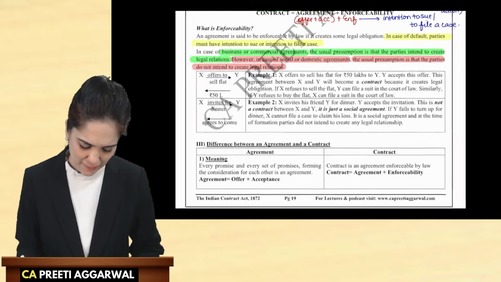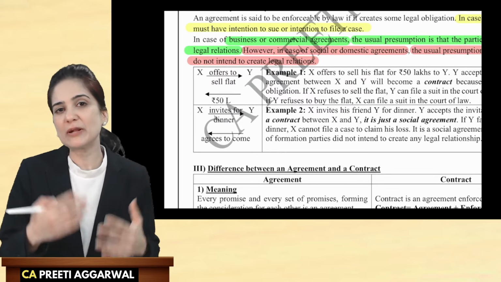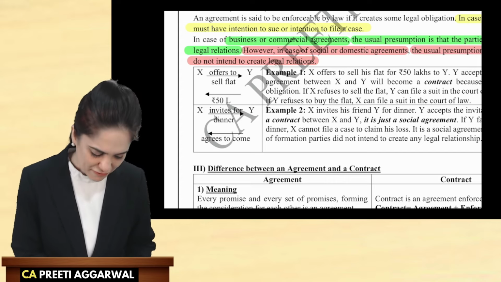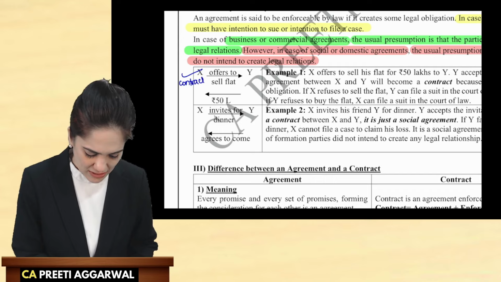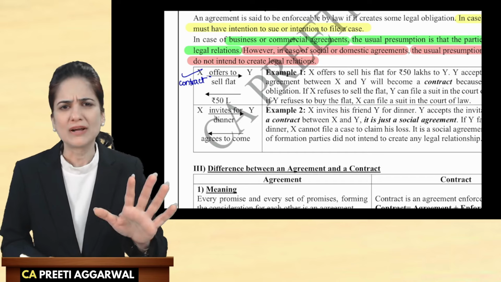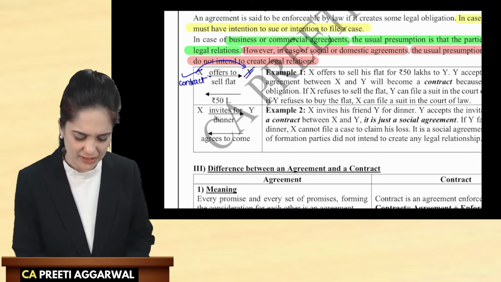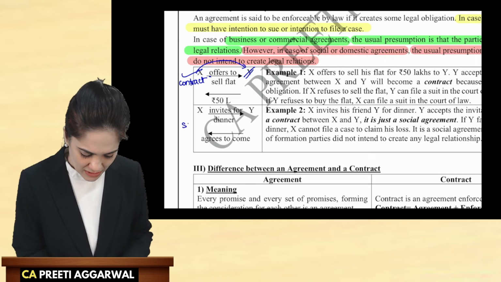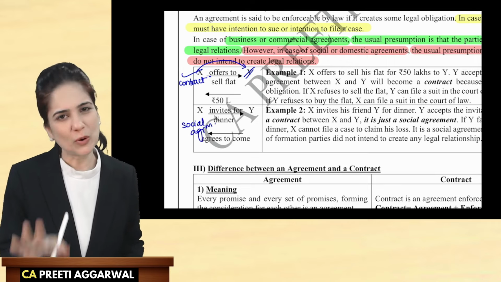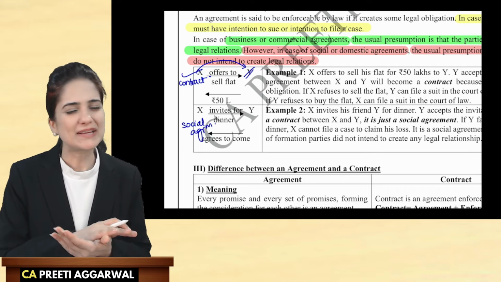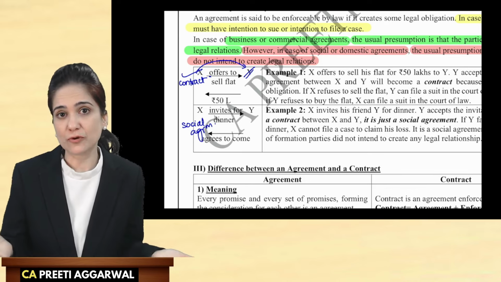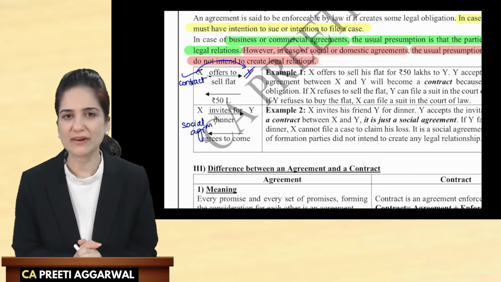In these two examples, can you identify which of them will be a contract? In which of these is there enforceability? The first one will be a contract. There is enforceability because it is a business or commercial transaction. So we assume that if one party defaults, the other party can take action. But the second example is just a social agreement, and in case of social agreements, parties do not intend to create legal relation, unless of course you add such enforceability, which I explained earlier.